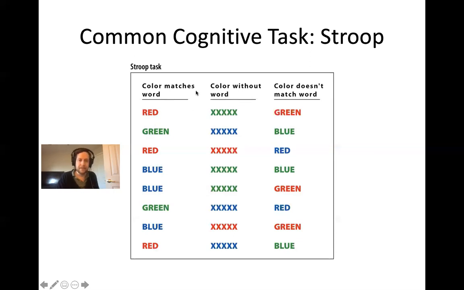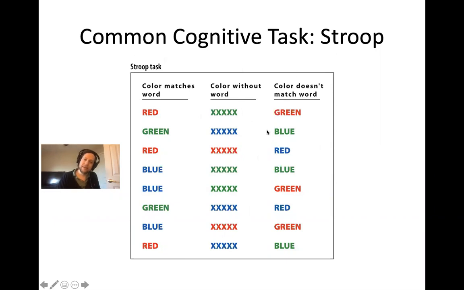This is sometimes called the congruent condition because the color of the ink is the same as what the word says. This is sometimes called the neutral or control condition because the ink has colors, but it doesn't say anything. These are just all X's, so they don't say any words. The letters have colors, but the words don't say anything at all. That's the neutral or control condition.